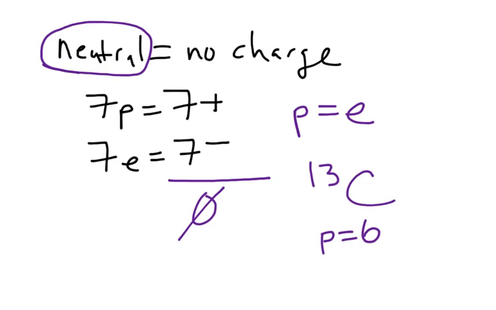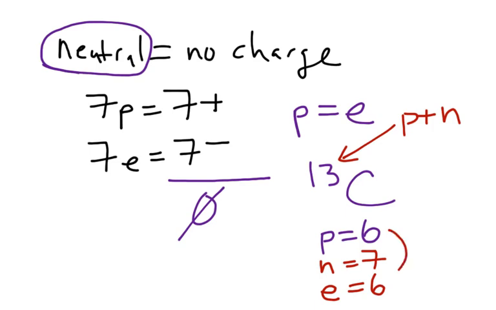And remember that this mass number is the protons plus the neutrons, which means that carbon-13 must have 7 neutrons. And as we just talked about, for a neutral atom the number of electrons must also be 6, because the number of protons and the number of electrons must be the same. So 6 protons, 7 neutrons, and 6 electrons for carbon-13.